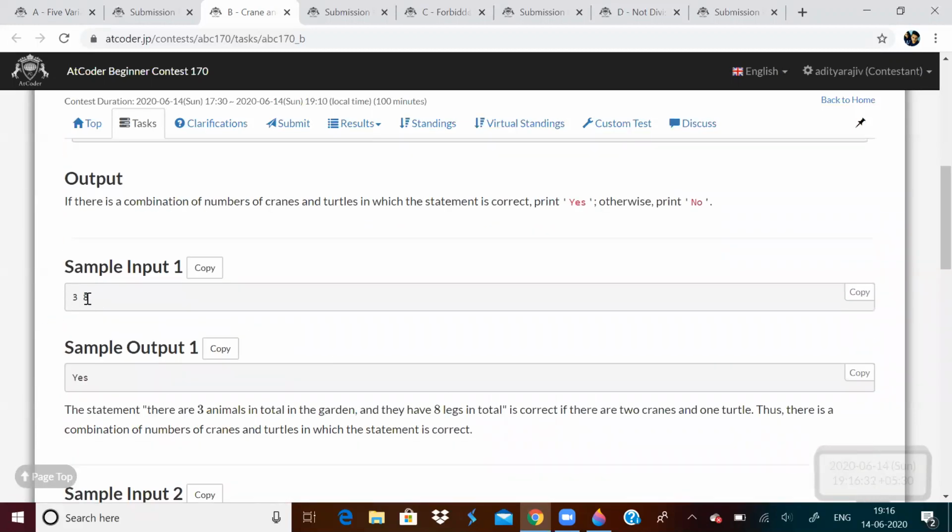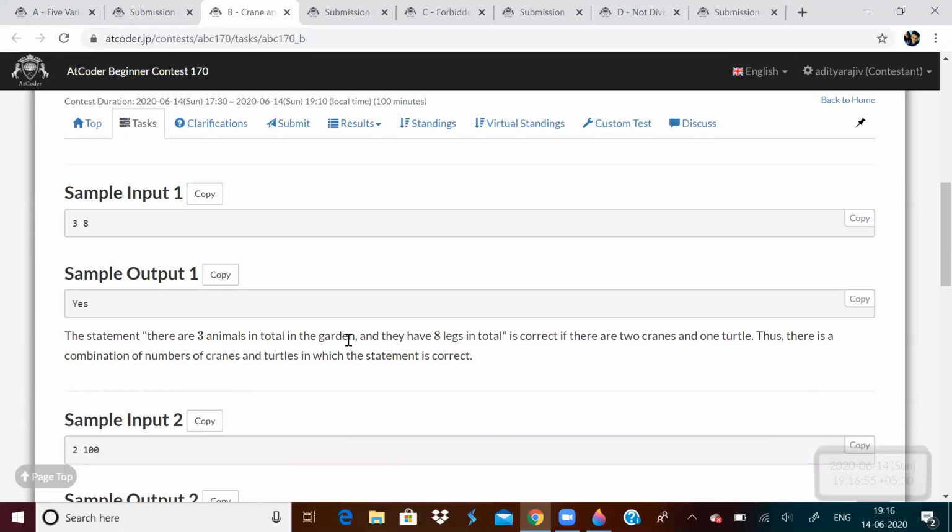For example, 3 and 8, there can be 2 cranes and 1 turtle because 1 turtle will have 4 legs and 2 cranes, each of them have 2. So 2 into 2, 4, and the turtle has 4 legs. So 4 plus 4, 8.